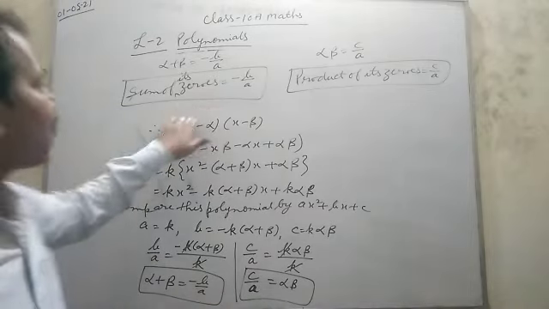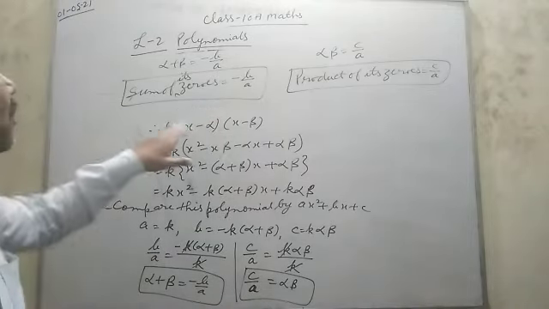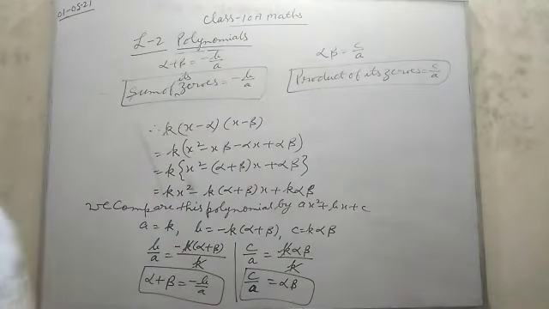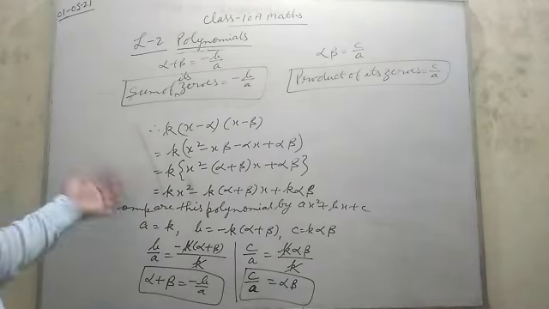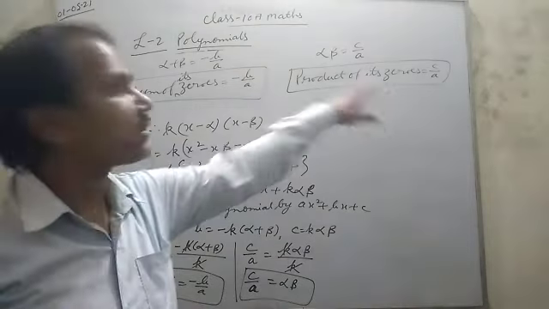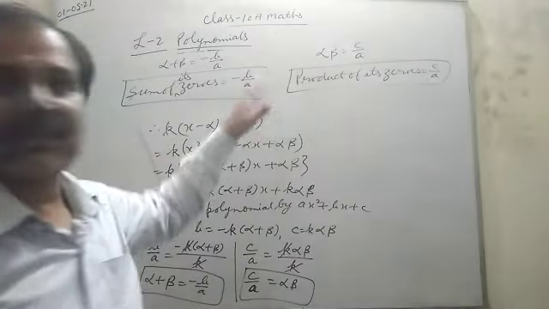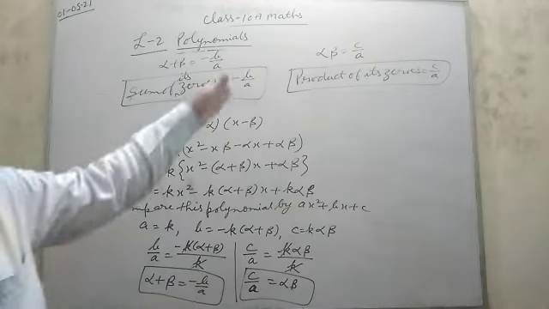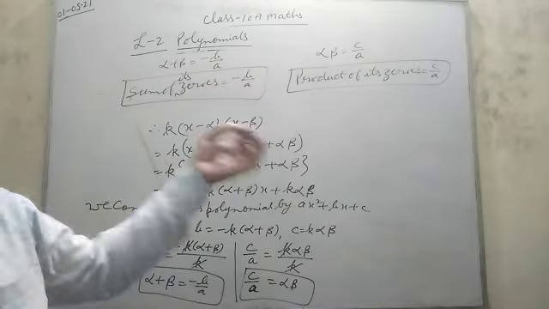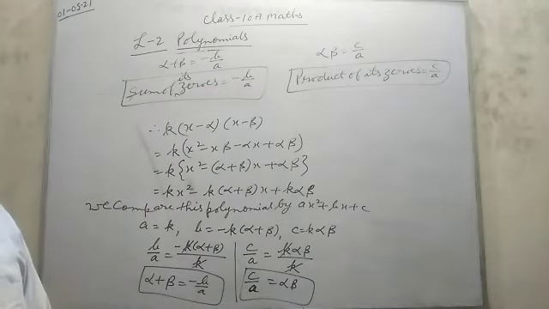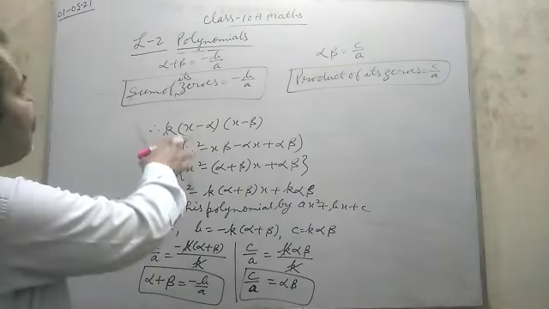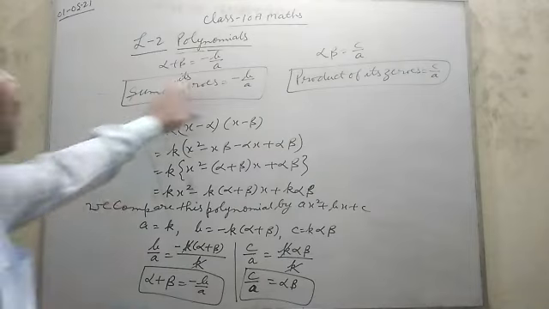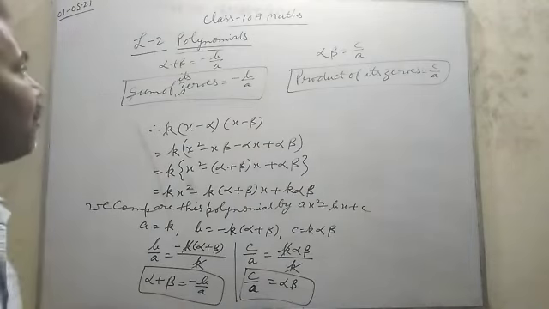So if any quadratic polynomial is given, you can find the sum and product of its zeros. Or if a, b, c, the coefficients of x square, x and the constant term, are given, you can compare the given equation with ax square plus bx plus c. So when a quadratic polynomial is given, we can find the sum of its zeros and the product of its zeros.